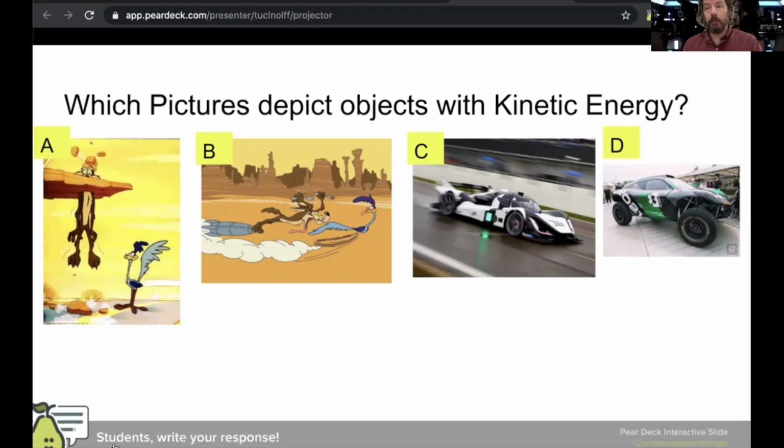If I change the context, say you watch a movie and the guy's inside a little trailer on the back of a semi-truck, and the video camera is inside the truck and you're just sitting there, you don't know you're moving. So you would say, I have zero kinetic energy relative to the system of the inside of the truck.